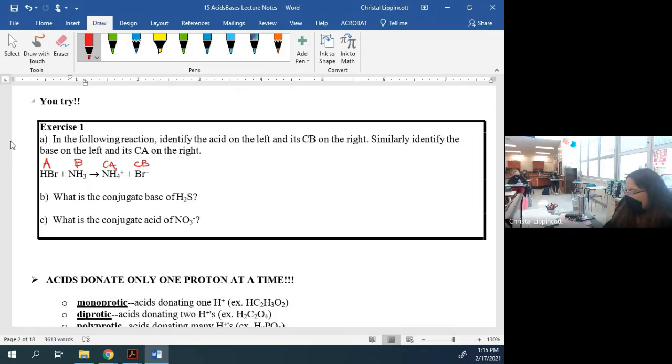What would the conjugate base of this look like? If this is the acid, what would the base look like? Well, notice that the base always has one less what? Hydrogen. So what would this look like if I took a hydrogen away from it? With what charge?